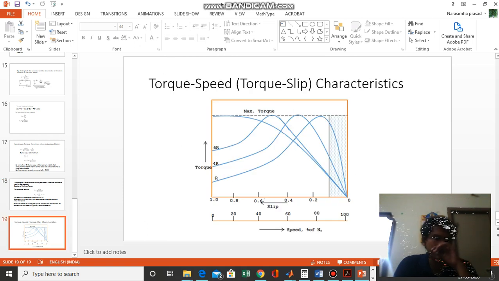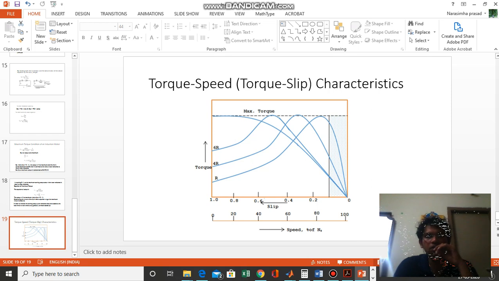Observe the first curve from right to left. Its maximum value is available at approximately 0.1 or 0.15, that is Sm, equal to R2 by X2.